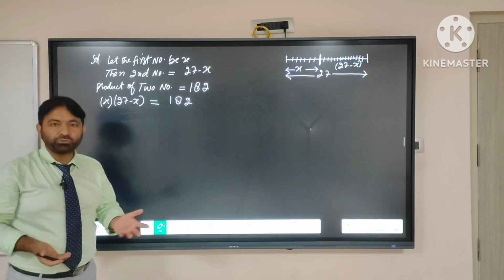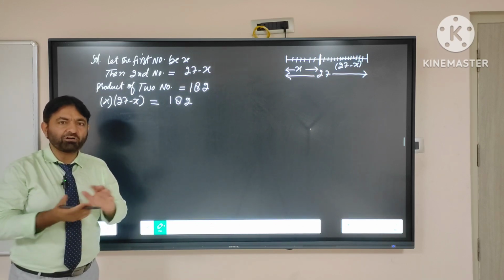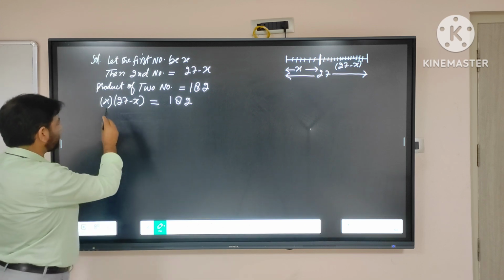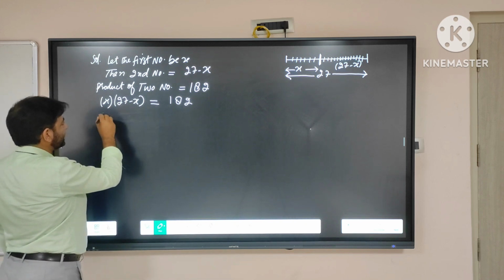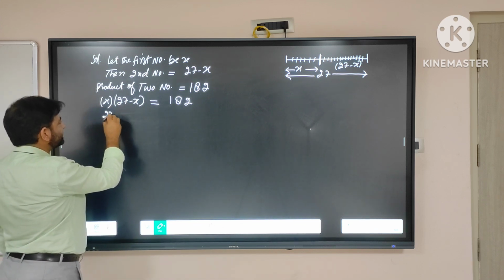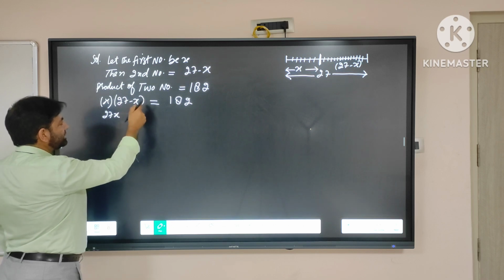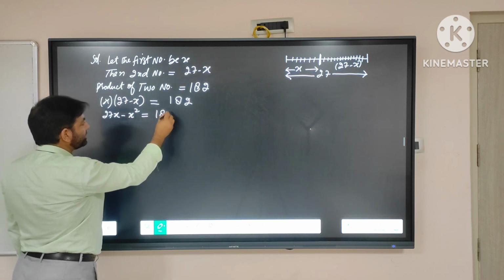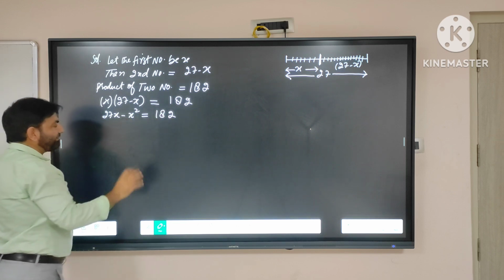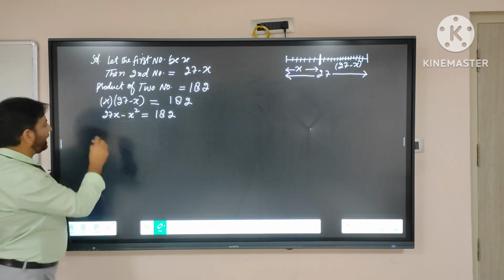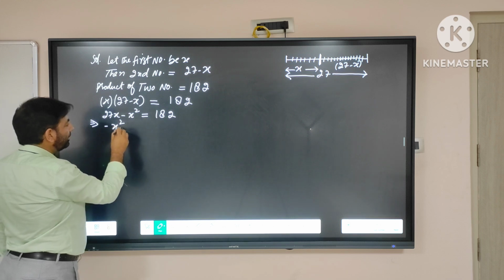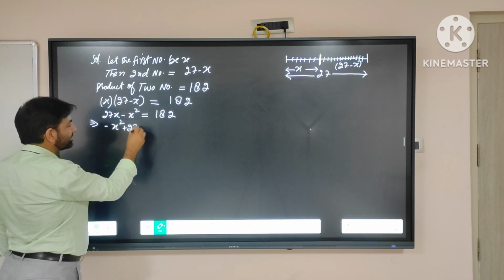Now we want to solve this equation. How will it be formed as a quadratic equation? Then how can we solve it? Now let's see. x into 27 will be 27x. x into x, that is x square, is equal to 182. If I transfer the terms, I can make it like this: minus x square plus 27x.